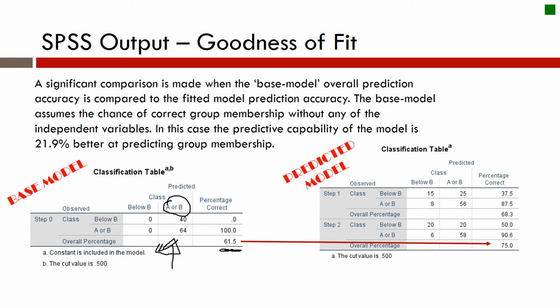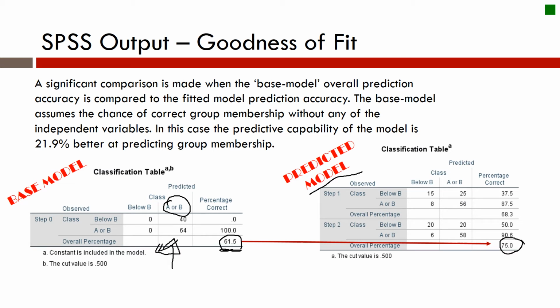Now, what we want to do is look at this 61% and compare it to the predictive model that we created with our independent variables. So we're going to look at this base model and compare it to the predicted model, and you're going to see that the predicted model predicted accurately 75% of the cases.